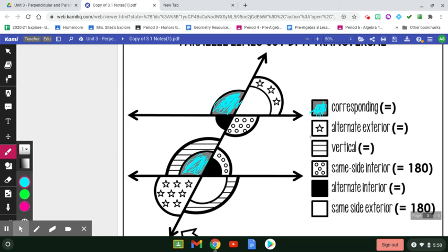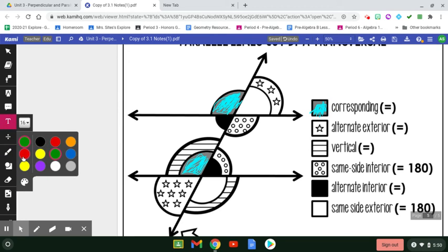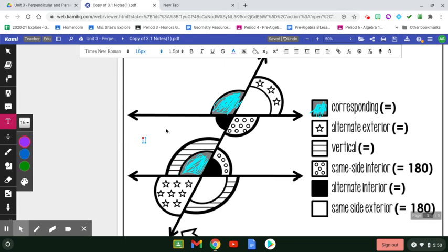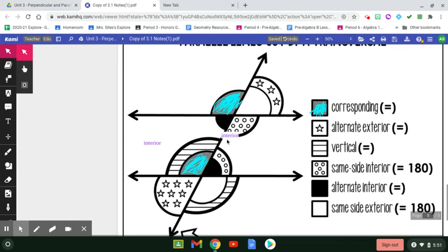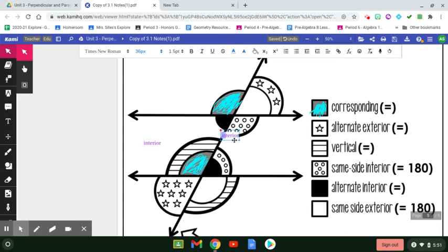right? Okay, so then another thing I'd like you guys to do is type in the word, and let's make this a little bit bigger. Okay, so this is going to be the interior, right? And then I have to make the exterior, right? So this is the interior. Let's see if it'll let me move it.